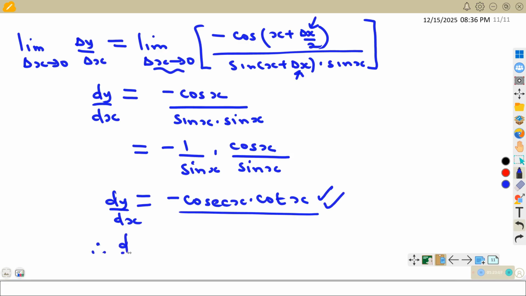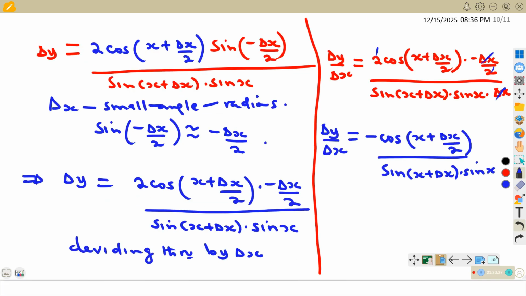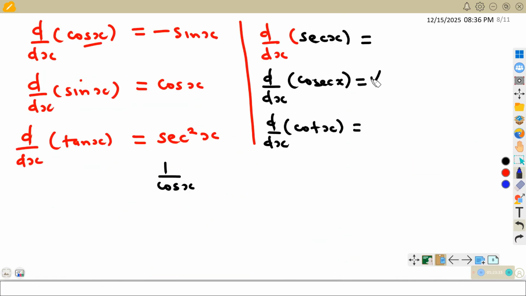This implies that when you differentiate cosec of x, you get negative cosec of x cot of x. I hope the procedures are very okay. So whenever you differentiate cosec of x, you get negative cosec of x cot of x.